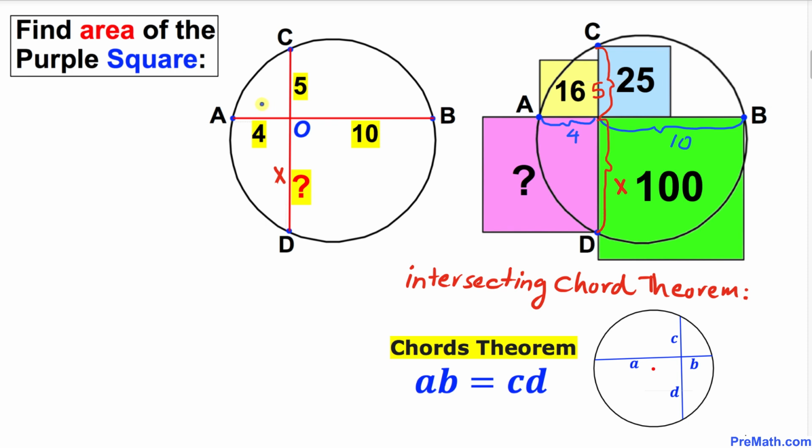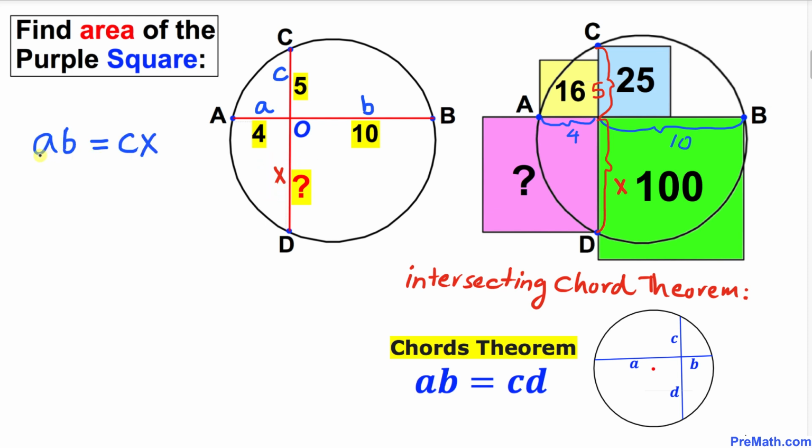So this AO side is going to become uppercase A, this OB is going to become lowercase b, this OC is going to become lowercase c, and this OD is already x, and we are going to find the value of this x.